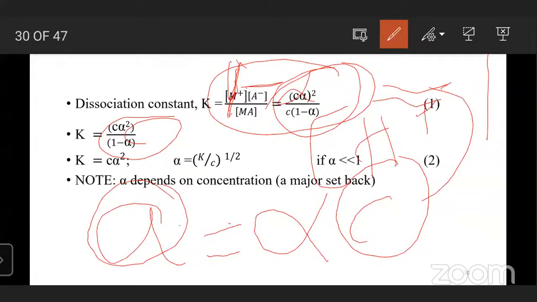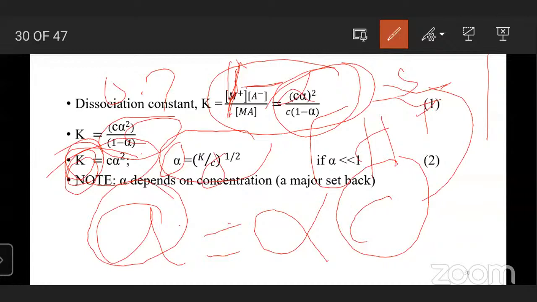You can calculate, depending on what you're provided with, just look at this expression. You can determine your K out of the expression. If you are given a degree of dissociation of 0.7, that's like saying 70%, and you know the concentration of the weak electrolyte, maybe it is 5 molar, or maybe it's 0.5 molar, you just calculate your K from this expression.